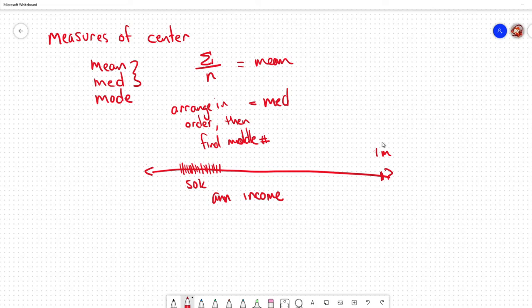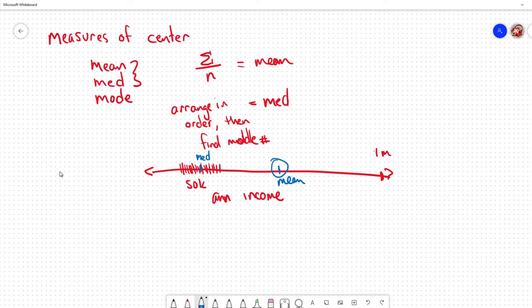If you were to average this by summing up all the values and dividing by the total number, the mean would be somewhere here. While the median, even with the addition of a point like this, would still be somewhere kind of here. That would be the middle number. So if I ask where the center of the data is, the median would better describe the group as a whole versus the mean, which is really not describing anybody.